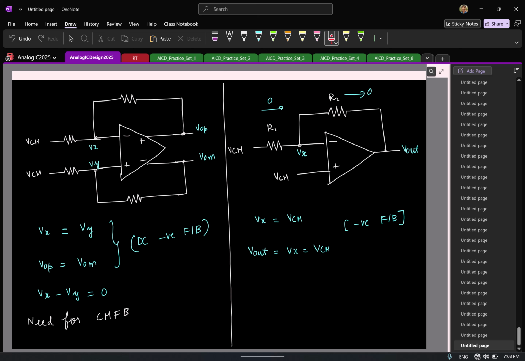Again, two voltages you can decompose as differential and common mode. Since the differential mode is already taken care of, you have another feedback working only for common mode signals that will set the common mode of the two. That way the individual outputs are defined. Which means you need to have an additional feedback here. I'll call it CMFB.